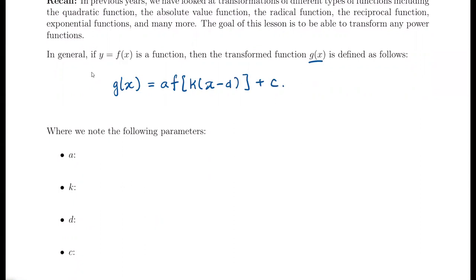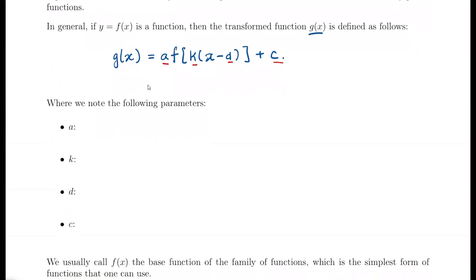Now you might be wondering what these four parameters, namely a, k, d, and c, are. Let's write down descriptions of these parameters and what they do. For a, usually a represents a vertical stretch or compression. And then k represents the horizontal stretch and compression.